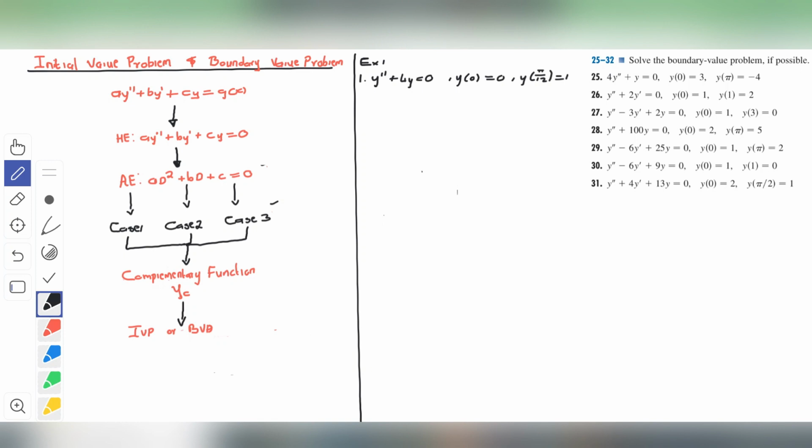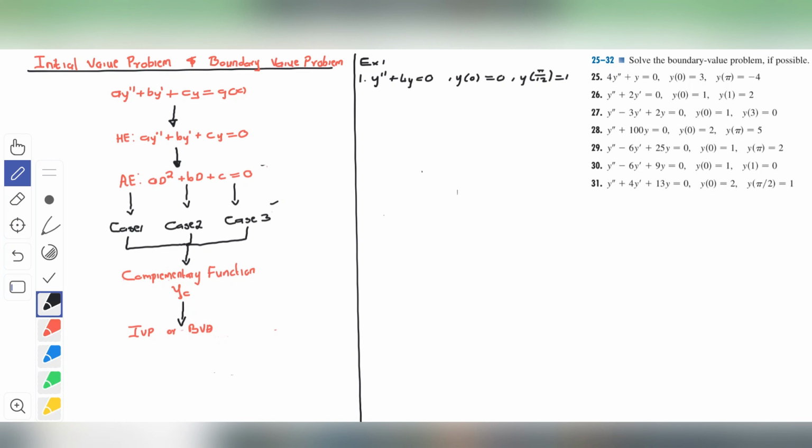In the boundary value problem, we don't have the derivatives or the first prime. We're only given the y values the way they are. So we don't derive in the boundary value problem, but in the initial value problem, that's where we derive.